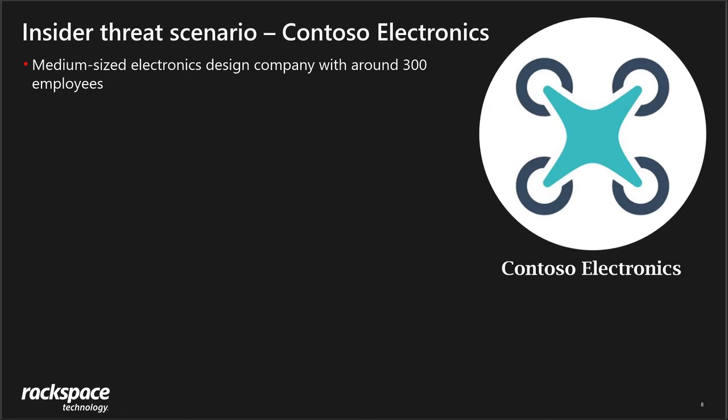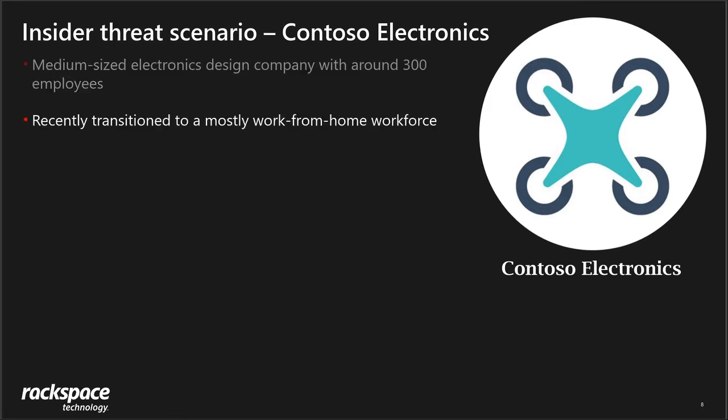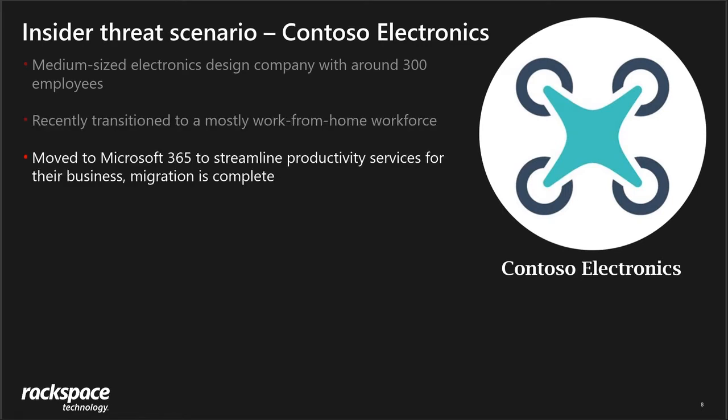If you've dealt with Microsoft at all before, you're probably familiar with the Contoso Electronics brand, but this is a fictional company, medium size, 300-ish employees, recently transitioned to mostly work from home, which is something I think a lot of us can relate with at this point.